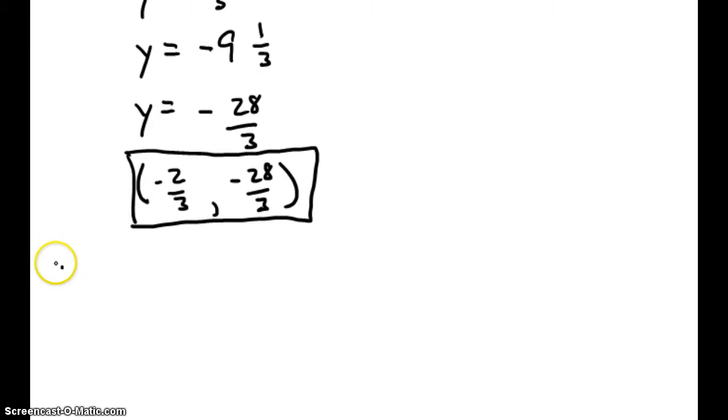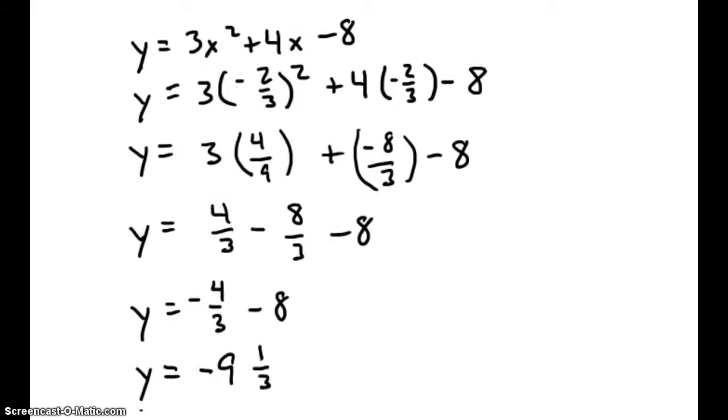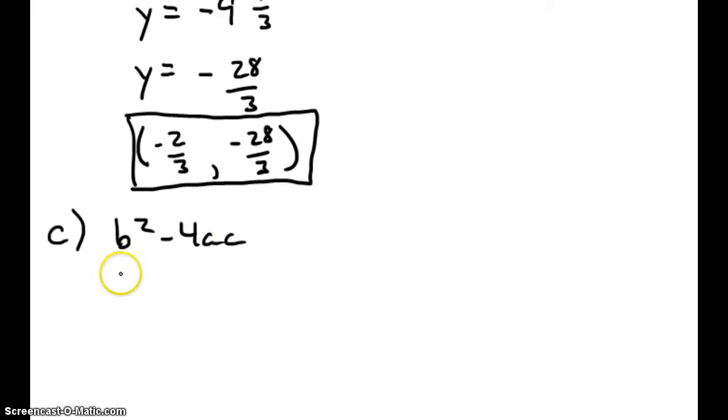For part C, we find the discriminant. The discriminant, once again, b squared minus 4ac. I have a, b, and c already. A is 3, b is 4, c is negative 8. So I have 4 squared minus 4 times 3 times negative 8.